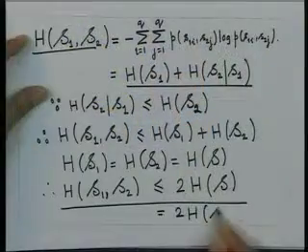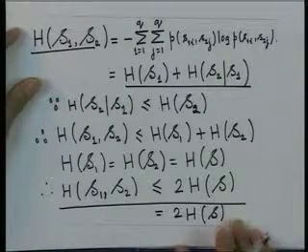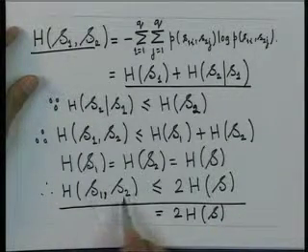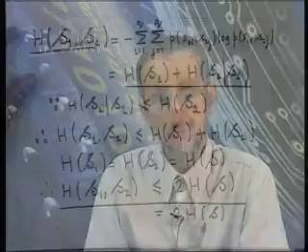Now, if this is a Markov process of 0 order, then I would have got is equal to twice of H S. So, the conclusion is that whenever there is a dependency among the symbols, then for the messages of length L, the total information will be always less than equal to L times the entropy of the source.